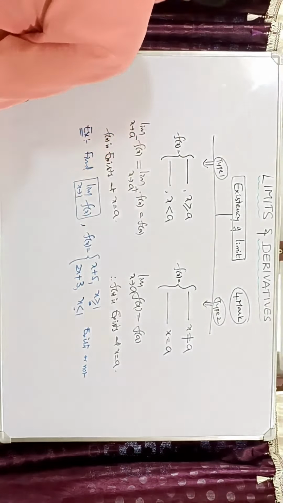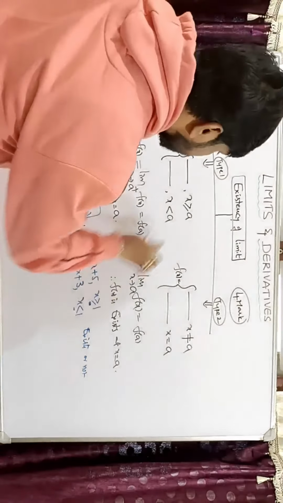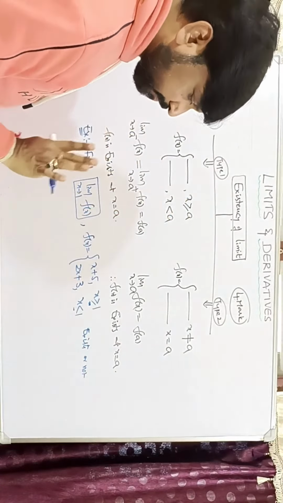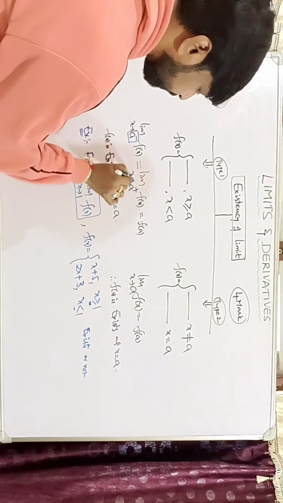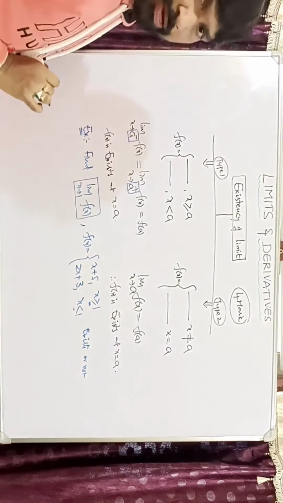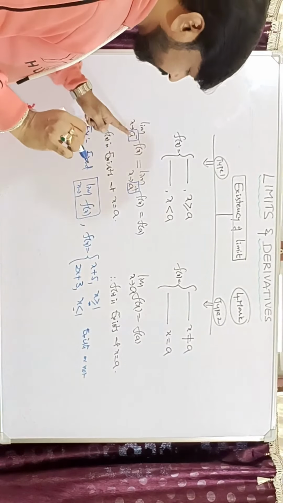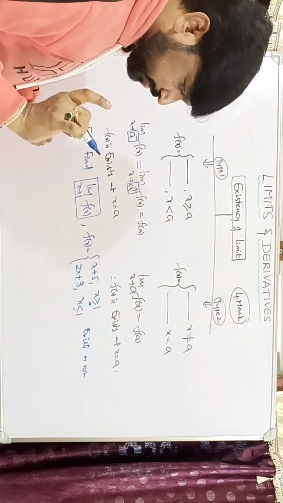So greater than less than model means this is type 1. So whenever it is type 1, the concept is left limit and right limit. You are going to focus on the left limit and right limit. Now, in place of a, here it is 1. Try to understand the concept carefully.